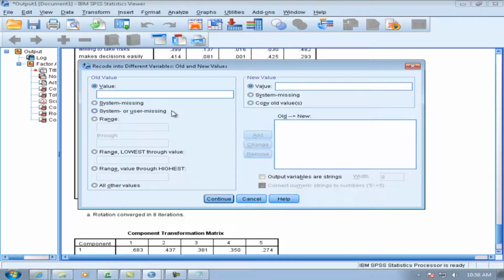How did I do it last time? Start with 7 and made it a 1. That doesn't make any difference. You get the same results, yeah.